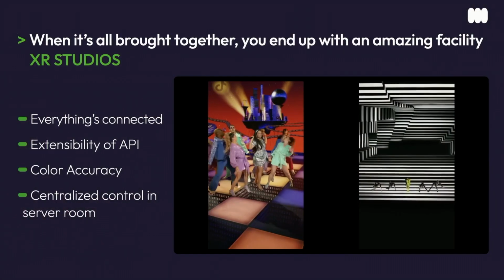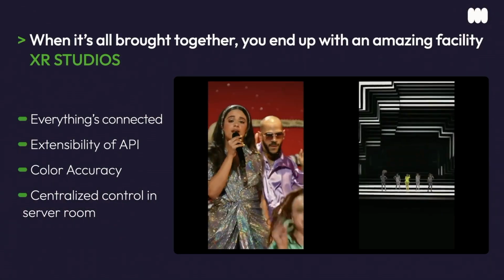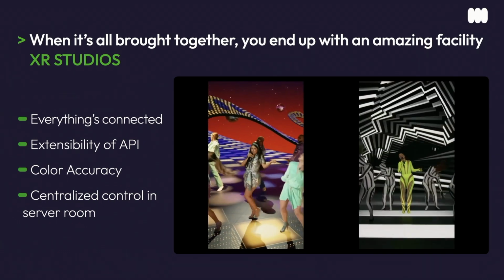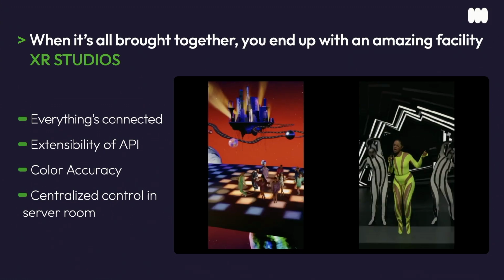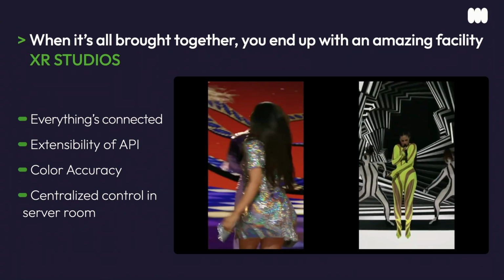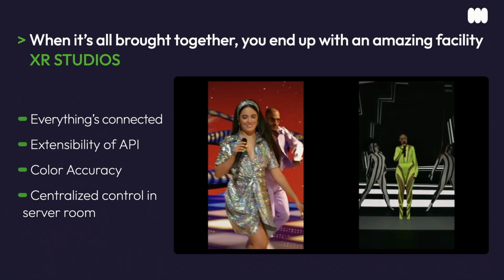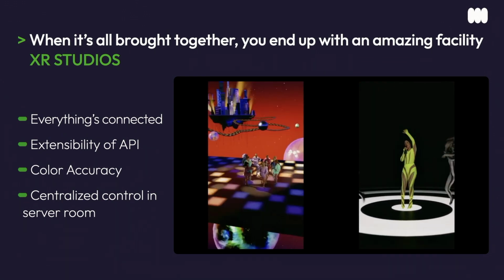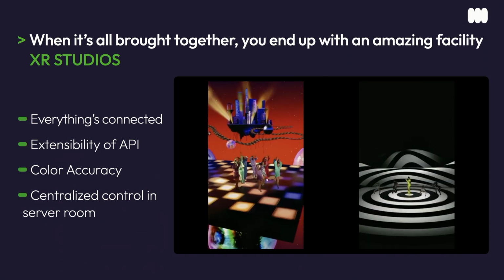And then, of course, we have a facility like this at XR Studios where everything's connected. They're extensively using APIs, again, Ethernet control. They have color accuracy because of the bidirectional nature of the systems, and so they're able to actually query what the LED tiles are capable of based on their metadata.